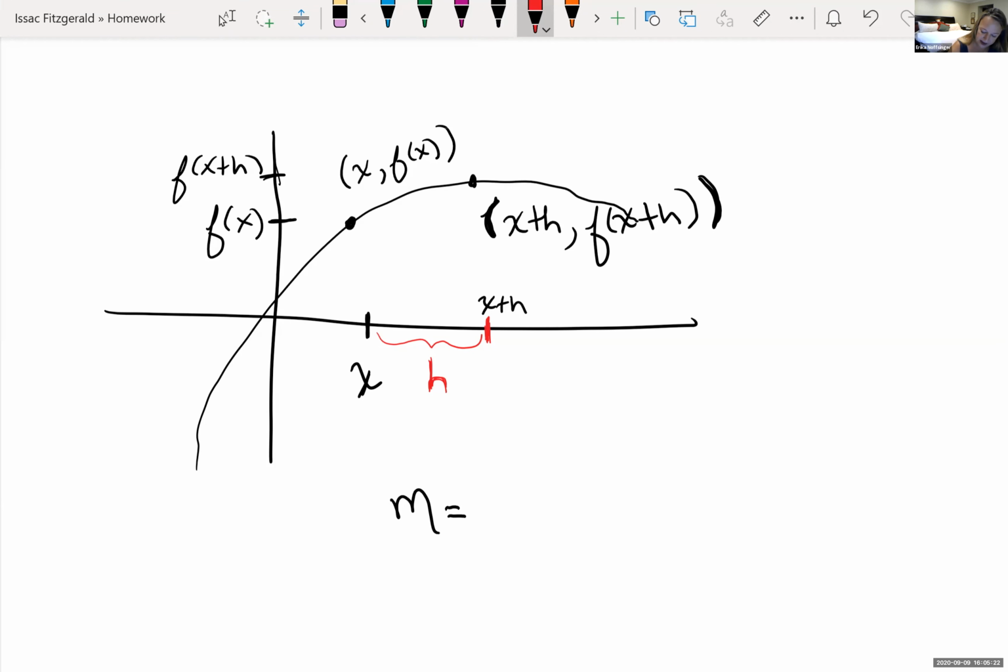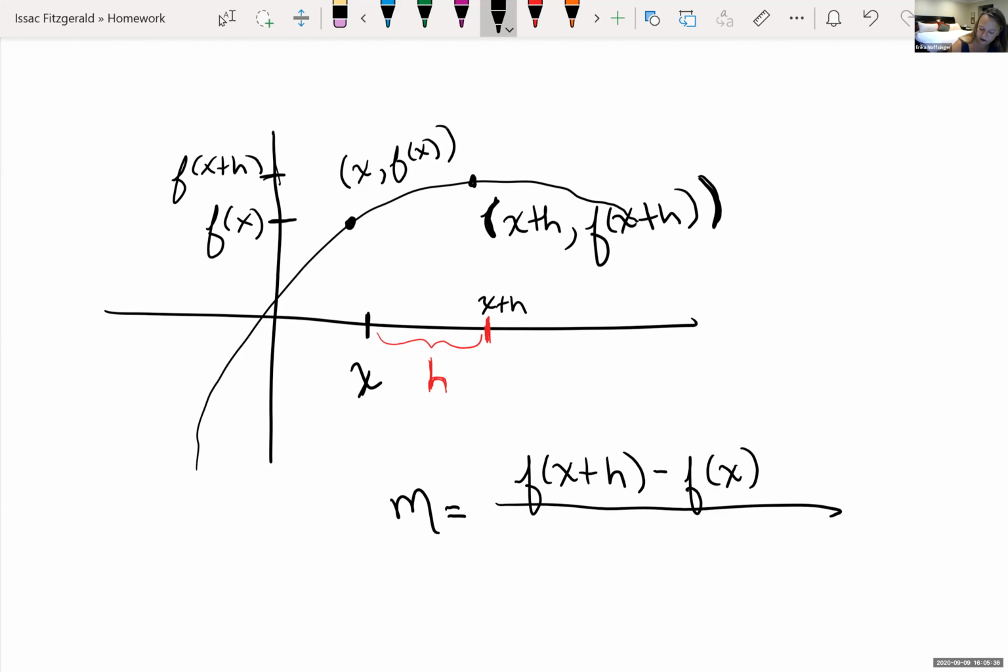So that would be my f of x plus h minus my y value for the other point, which is f of x, all over, so I started with this x value for my slope, x plus h minus my x value for my other point, which we said was x.